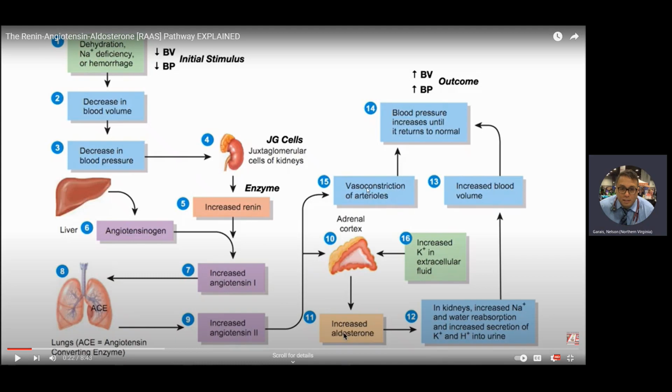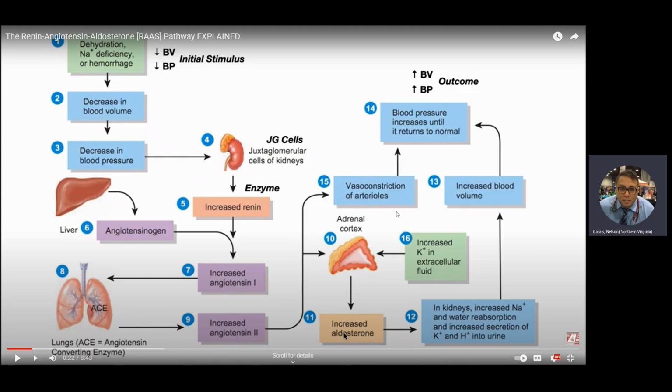Don't you think I have medications that are going to mess with the vasoconstriction of my arteries? You guys may have heard of them. Alpha blockers and beta blockers. They're for low level hypertension. So if I tell my arteries not to constrict anymore and to relax, what's going to happen to my blood pressure? It's going to go down. How about increased blood volume? We already talked 2 times in 2 different chapters about diuretics.